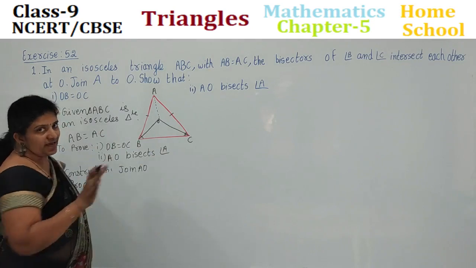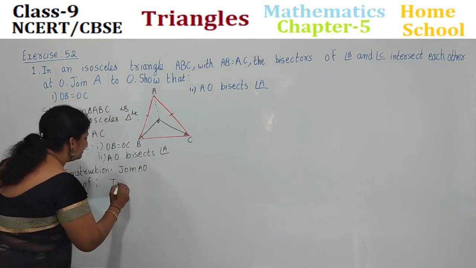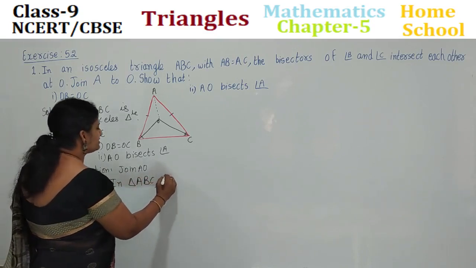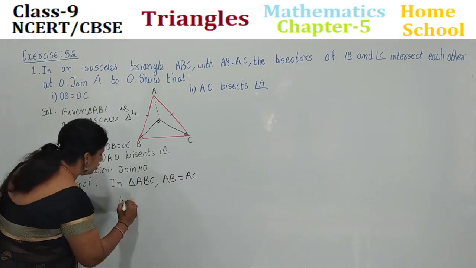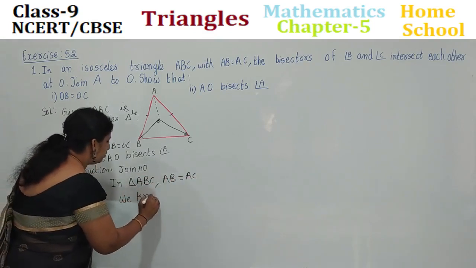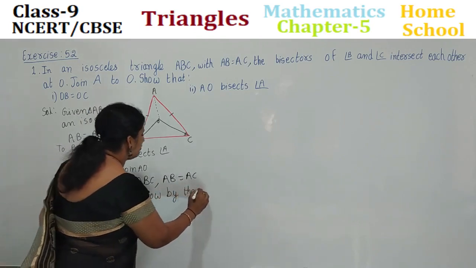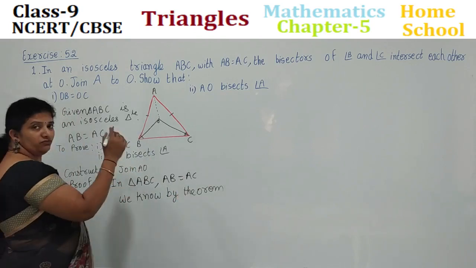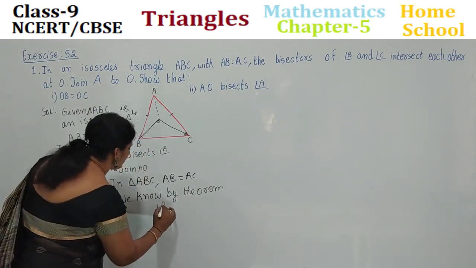They have given it is an isosceles triangle, right? We know in triangle ABC, two sides are equal. AB equal to AC. We know by theorem. What we can say, children? If two sides are equal, their opposite angles are equal.